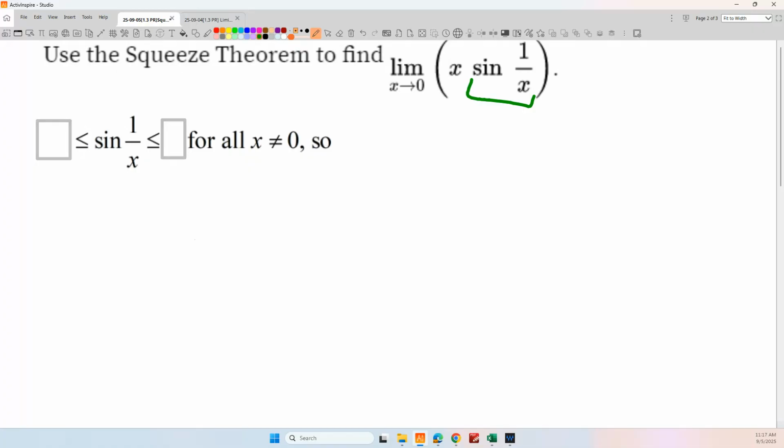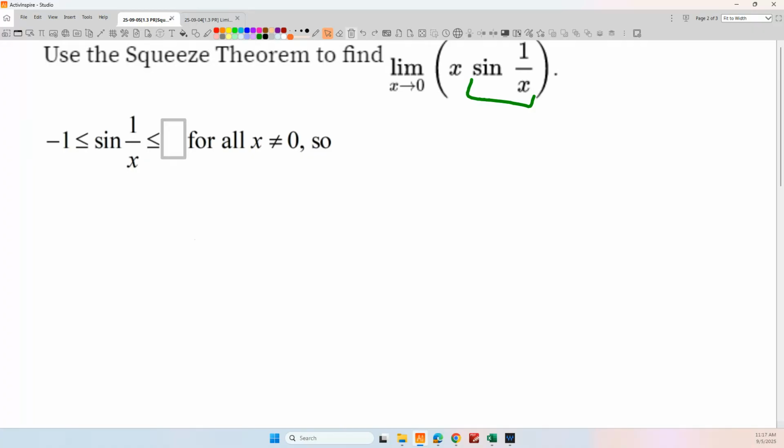What does a sine function look like? It just looks like that, doesn't it? So what's the lowest it ever goes? -1. There you go.